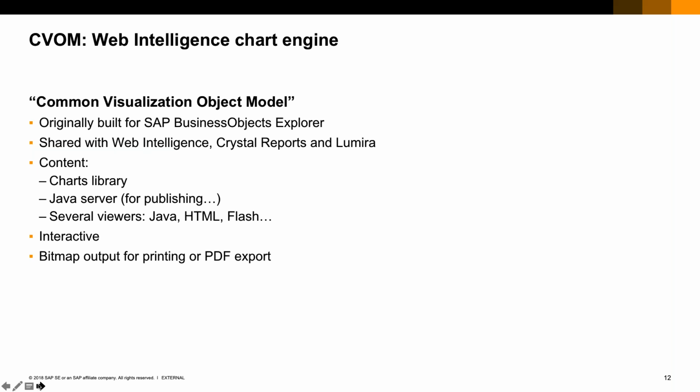The chart engine and the charts, generally speaking, in Webi are fully interactive, and thanks to the Java server component, it's got a bitmap output which can be used when printing or exporting to PDF or Excel.